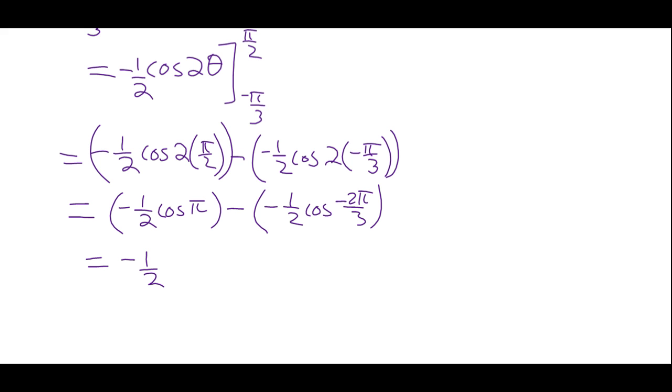Okay, what's cosine of pi? Negative 1. Right. So I don't know how you guys do it. I don't do the unit circle for sine and cos of pi's or pi over 2's. I just sort of imagine, hey, what's the curve look like, right? Oh, okay, so negative 1. Now, for this, I do have to do unit circle and reference angles and all of that good stuff. So what's the cos of negative 2 pi over 3? Which quadrant is it in? In quadrant 3, that makes it negative.